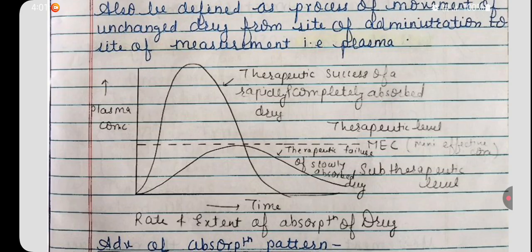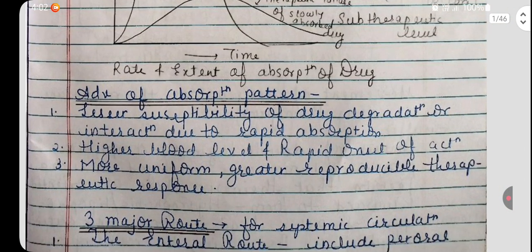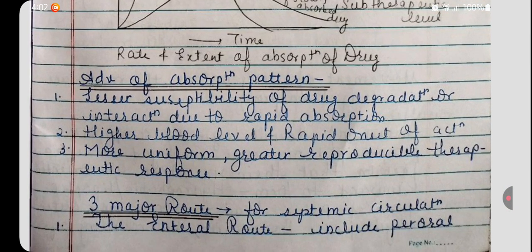Advantages of this absorption pattern include lesser susceptibility of drug degradation or interaction due to rapid absorption, higher blood level, rapid onset of action, and more uniform, greater reproducible therapeutic response.